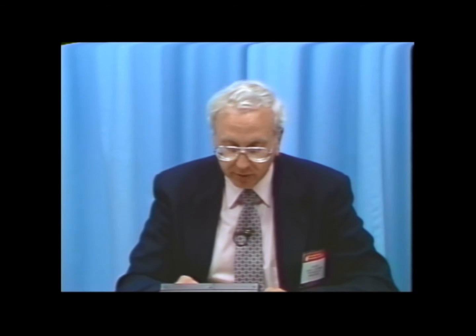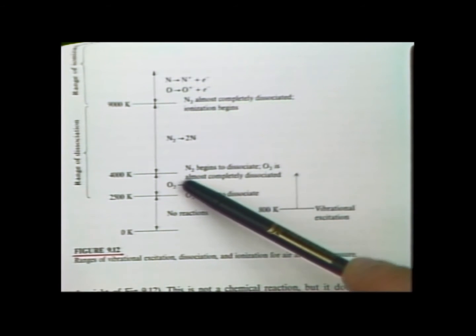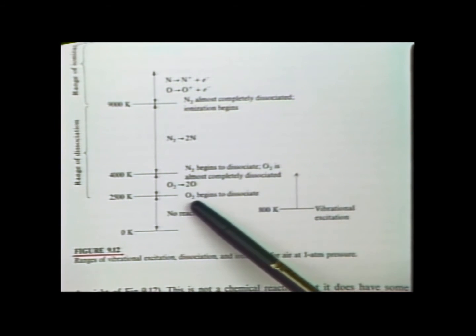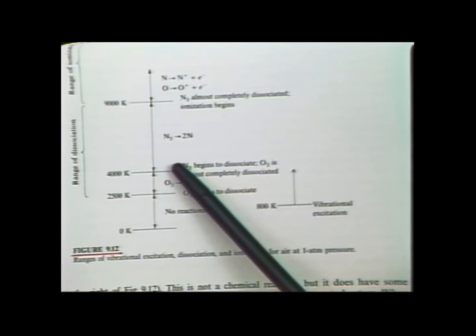We'll go back to figure 912 here. We're going to have vibrational excitation of the molecules, and dissociation taking place in the air. This is what really happens in real life at high temperatures. At 4,000 K, you really have almost all the oxygen dissociated and the nitrogen beginning to dissociate. That's a real life effect. And so the aerodynamicists started calling these effects real gas effects because they really happen.